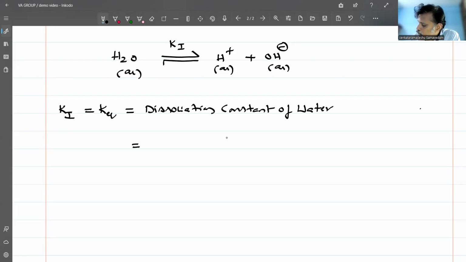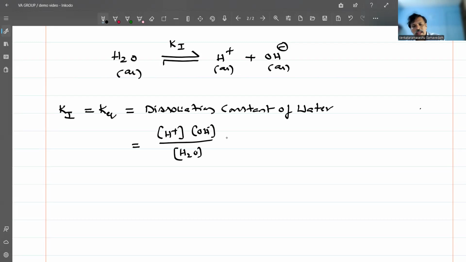According to the law of chemical equilibrium, what is the equilibrium constant expression? Product of the concentrations of the products divided by the product of the concentrations of the reactants. Here the reactant is water, and the products are H plus ions and OH minus ions.